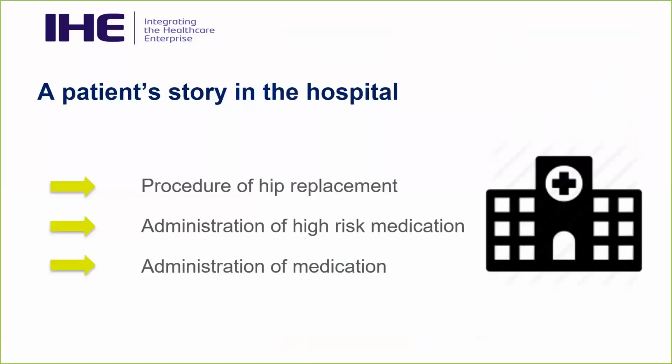Now I'd like to take you to a patient story in the hospital. For example, a patient that gets a procedure for a hip replacement, and there is some high-risk medication used and also other medication.